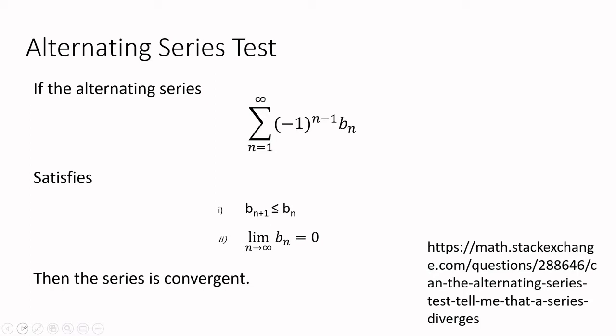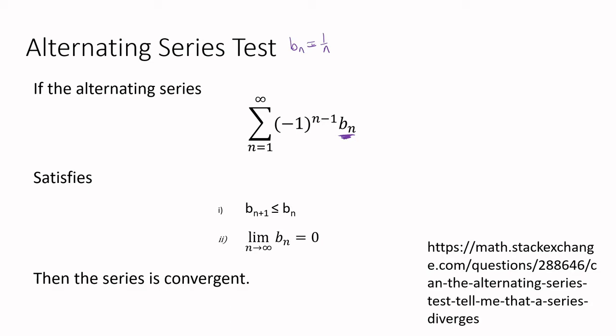If you have a series of the form negative 1 to the n minus 1 times b sub n, where b sub n is some other sequence that you're used to, in the example above, b sub n is 1 over n. So we'll just fix that for now. That'll be our b sub n. There are two conditions here that we have to show.